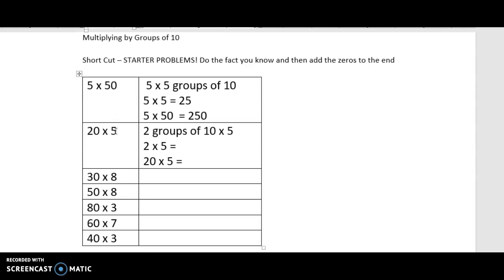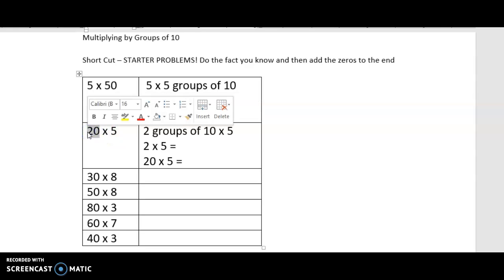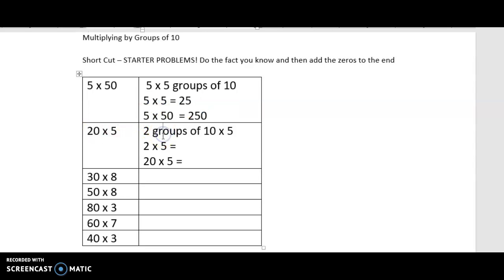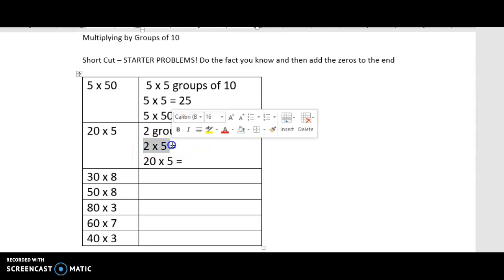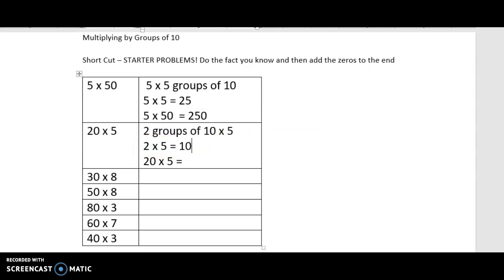Here, the next one, 20 times 5. Maybe I bought 5 packs of pop, and each package was 20 cans. So I want to know, how many cans do I have? Well, I've got 2 groups of 10 times 5. The starter problem is 2 times 5, which I know is 10.